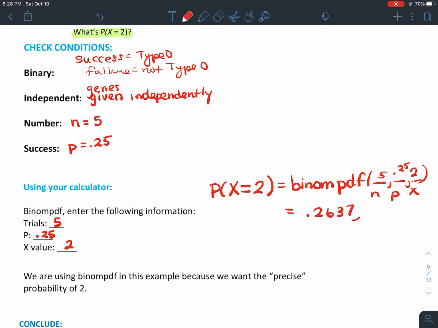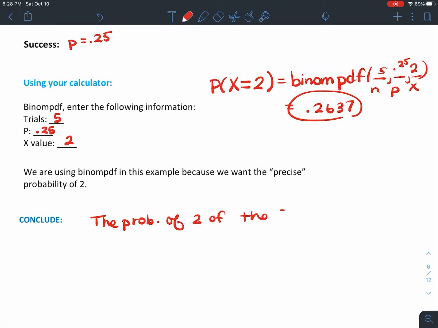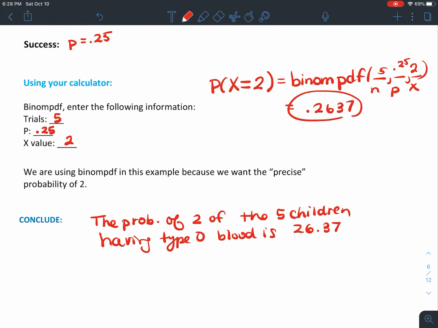Okay, we would type that in, and we're looking at roughly 26.37% is the likelihood here. So we could draw our conclusion that in context here, the probability of 2 of the 5 children having type O blood is 26.37%.